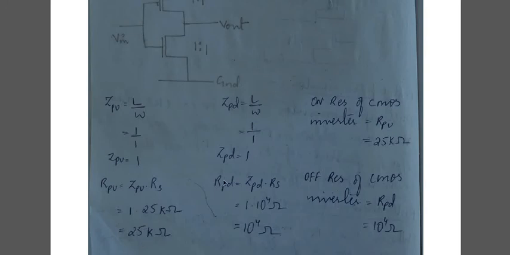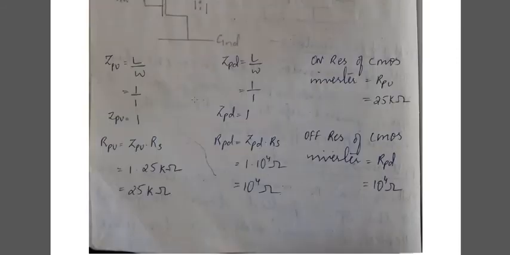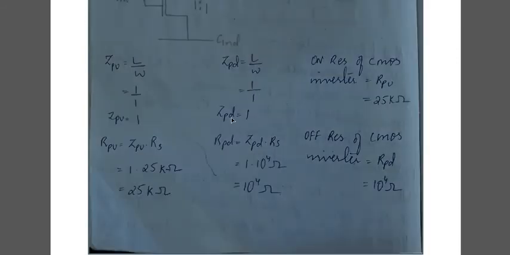Now if you consider the channel resistance for the pull down transistor, for an NMOS transistor, as we have said already, it is given as 10 to the power of 4 ohms. Again the length and the width are 1:1, so ZPD, for the pull down transistor, is given as 1.